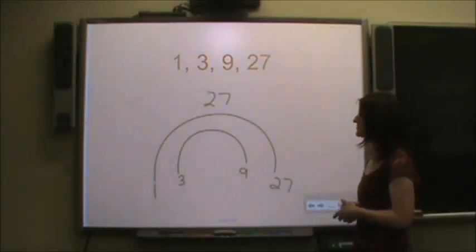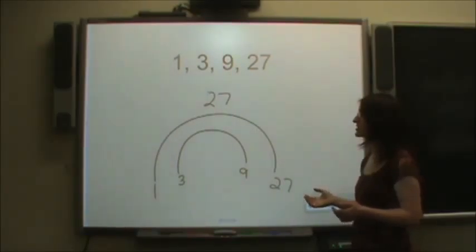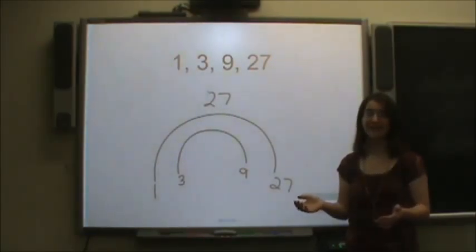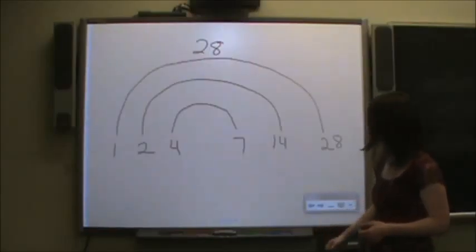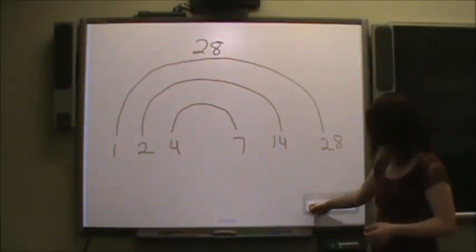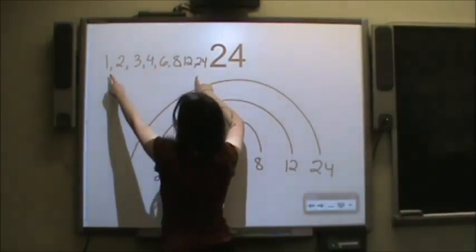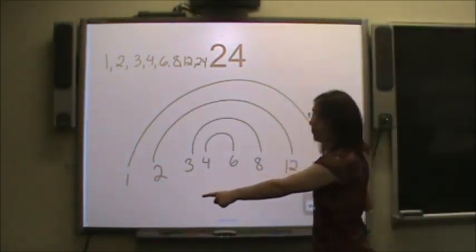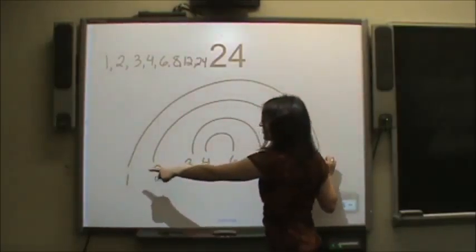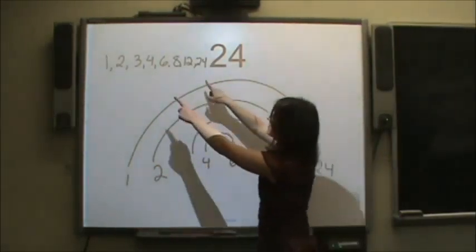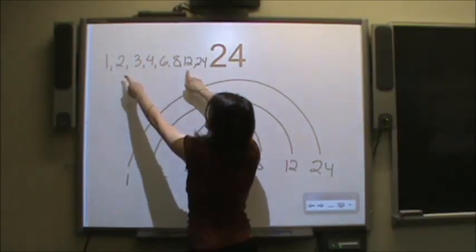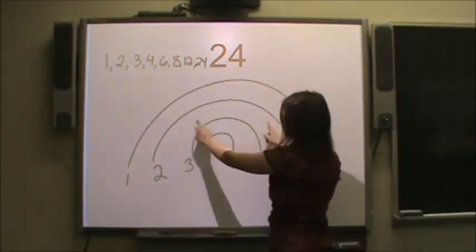In order to create this factor rainbow, I did a couple of things. First, I thought about when I list the factors, like I did over here, the 1 and 24, so the first and the last number were the ones that were in my outer loop of the rainbow. And then the next 2 numbers, the 12 and the 2, were the next loop.